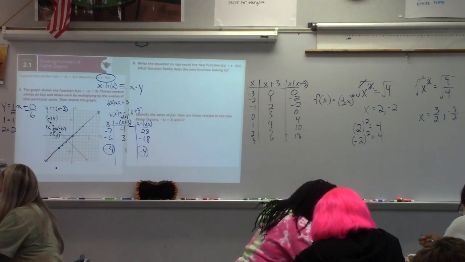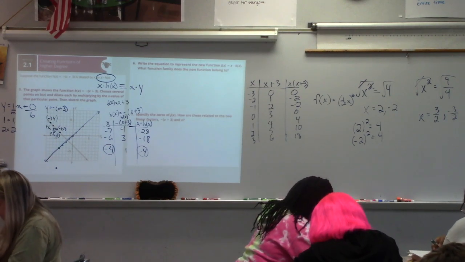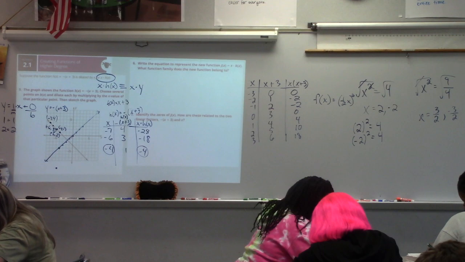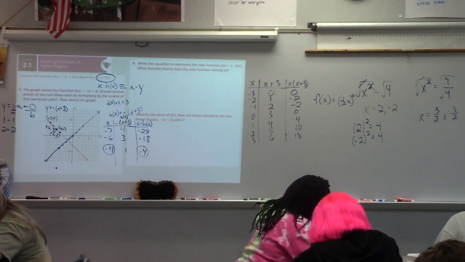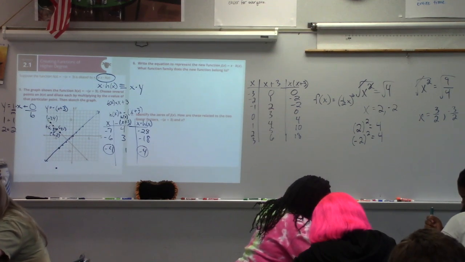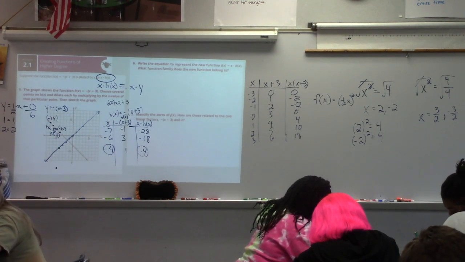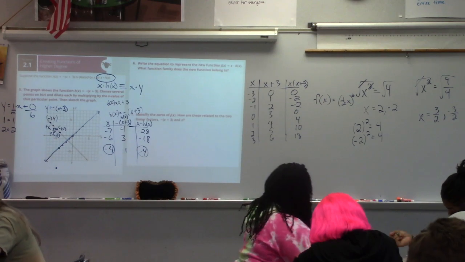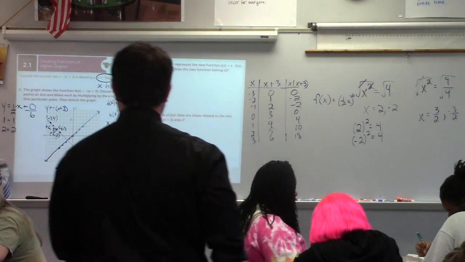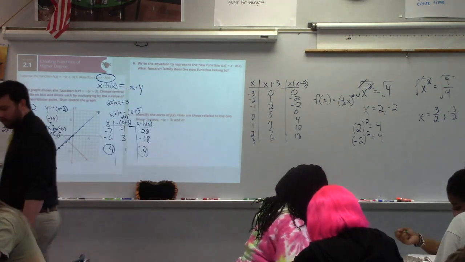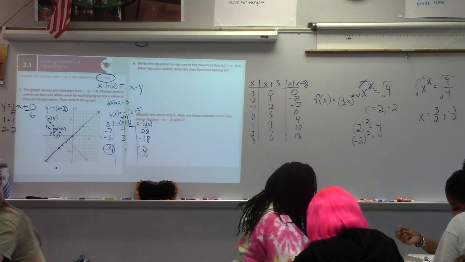Then I look at this point, which is 2 again. But the answer is -1. But that's making such a difference. Oh, is that making a parabola?